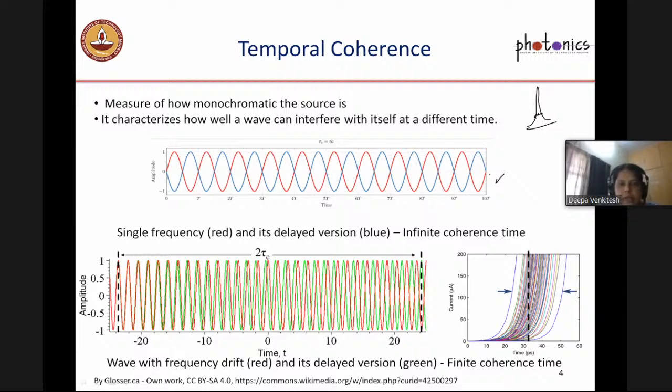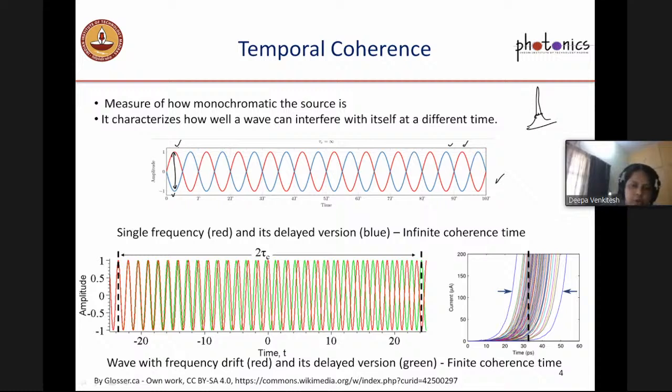And what you see on the x-axis is actually the delayed version of the same wave. And you see that the phase relation between the blue and the red is always maintained, right? At this delay also, the phase difference is pi. And that is maintained irrespective of what the delay between the two waves is.